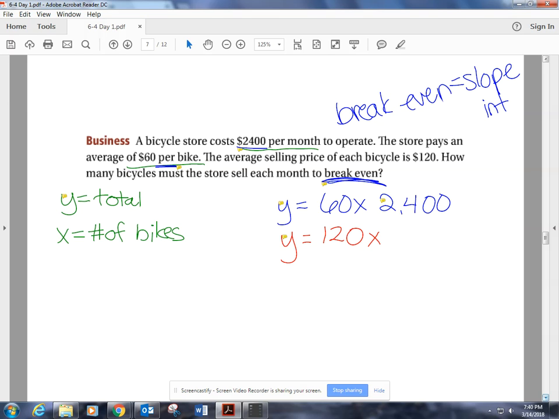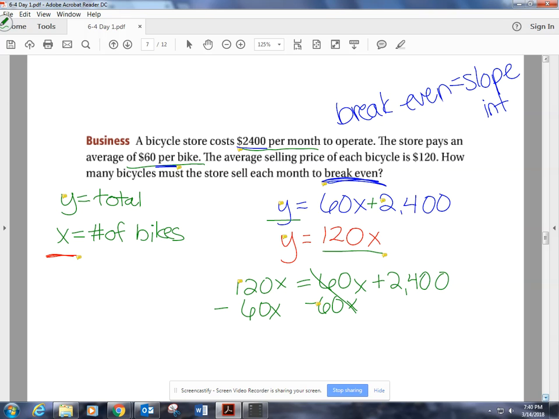We're looking for X. X is our wanted variable. We don't need to know the total, we just want to know X. So looking at this, we can set these equations equal to each other. Instead of saying Y, we can say 120X. So we can write our equation as 120X is equal to 60X plus 2,400. We want the x's to be on the same side, so we can subtract 60x from both sides.